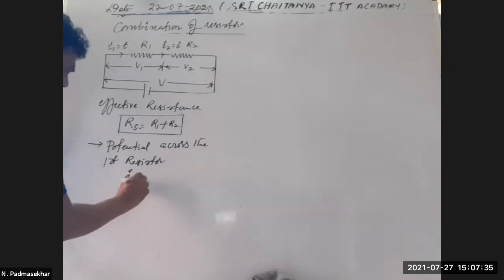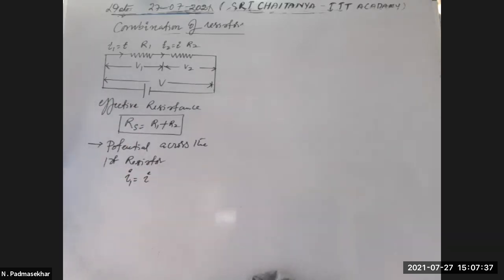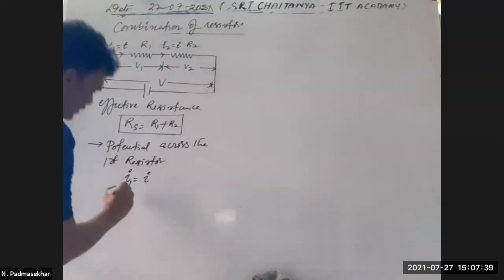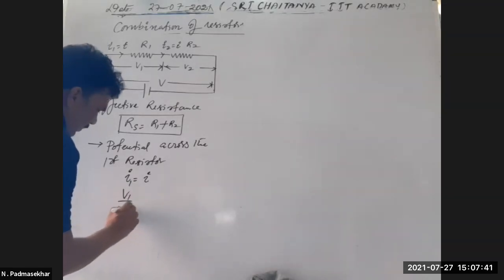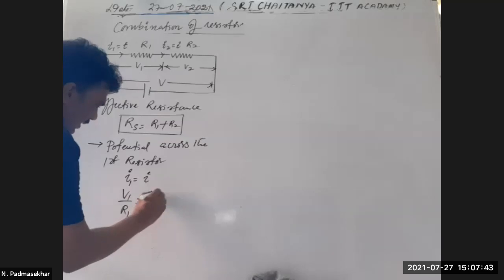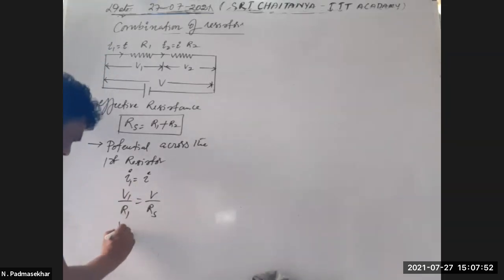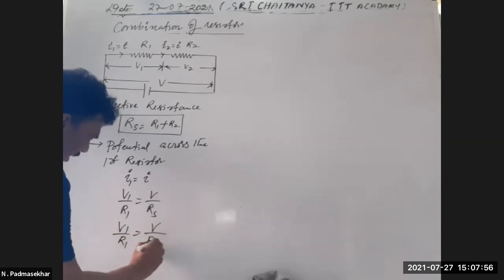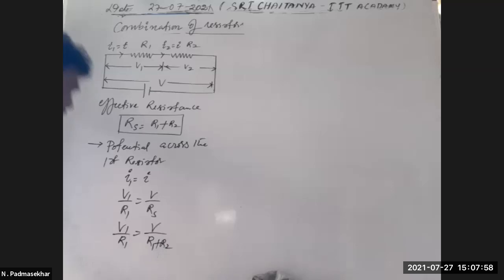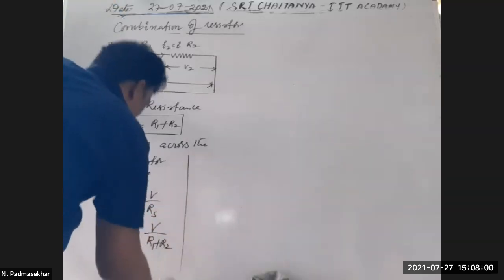I1 అంటే I is equal to V by R, V1 by R1. ఇక్కడ V by R effective అంటే RS, effective resistance. So this is V1 by R1 is equal to V by R1 plus R2. ఇప్పుడు ఏమవుతుందిరా?